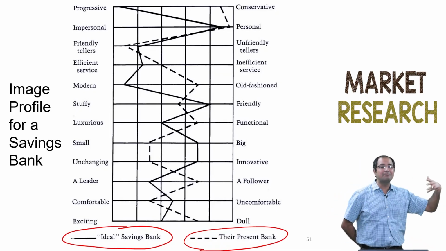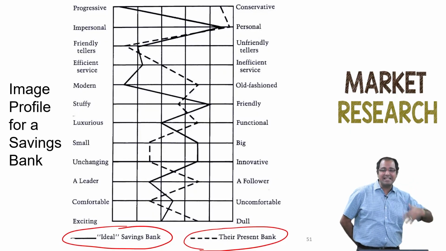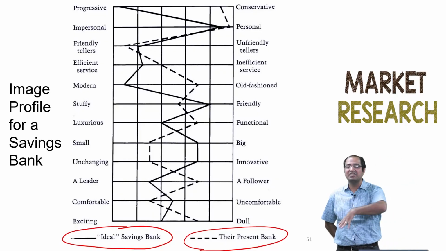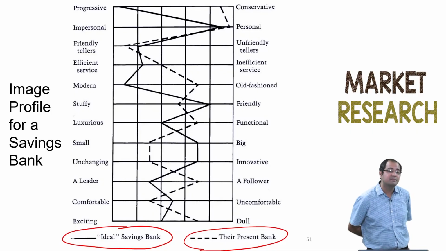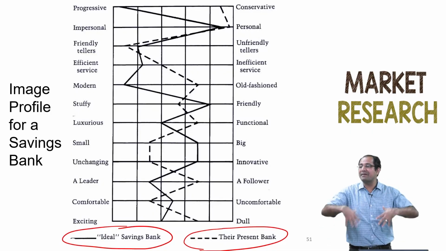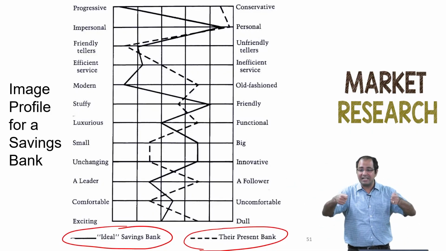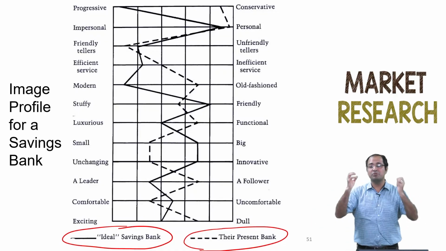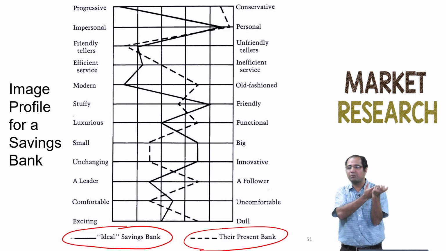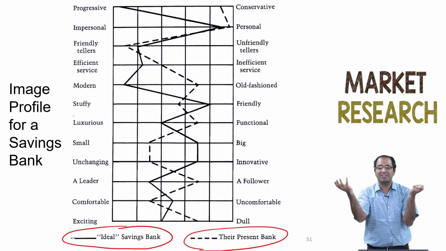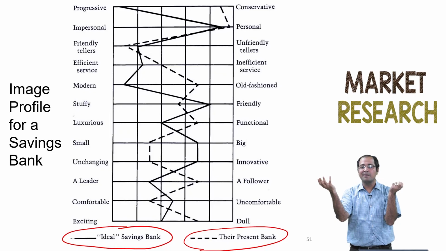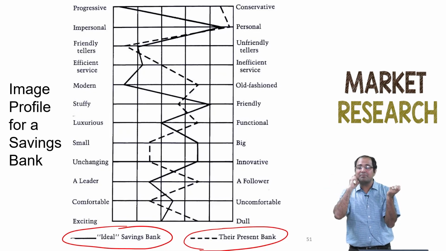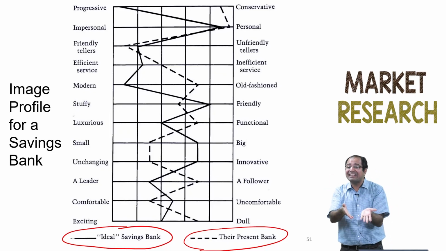So they used to open the bank every day till late evening hours, and on Saturdays also they used to open. Which means if you try to compare this bank with the other banks on attributes like product variety and interest rate, you will see the difference, that this bank is worst and other competitor banks are good on that. But that does not mean you need to improve there, because your target market doesn't want that.